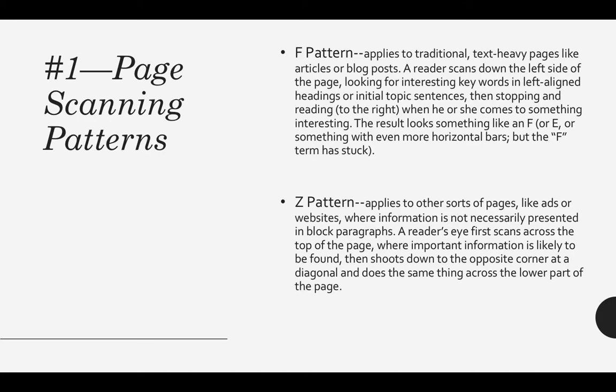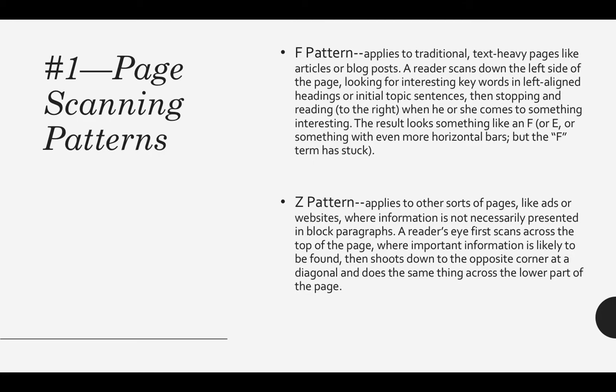There's the F pattern, which makes the textual elements of the page arranged in a way that resembles the letter F. That way the reader can scan down the left side of the page looking for the interesting parts of what it is that you have to say, or have it go across to the right and find that interesting element. So it really goes along with how we read, going from left to right and then from top down.